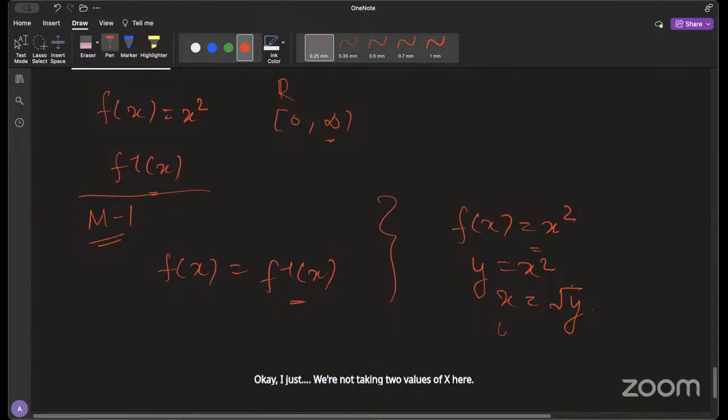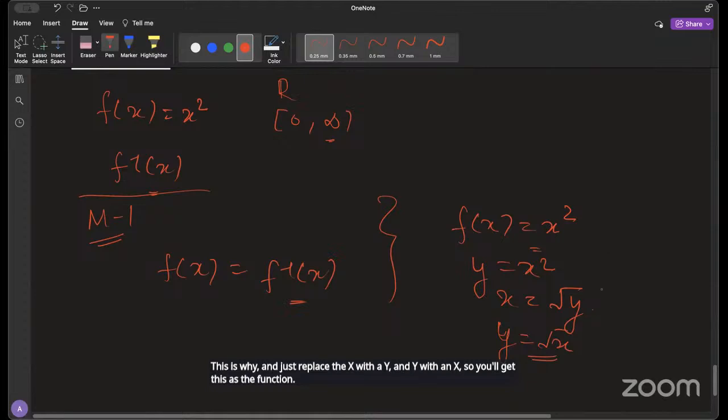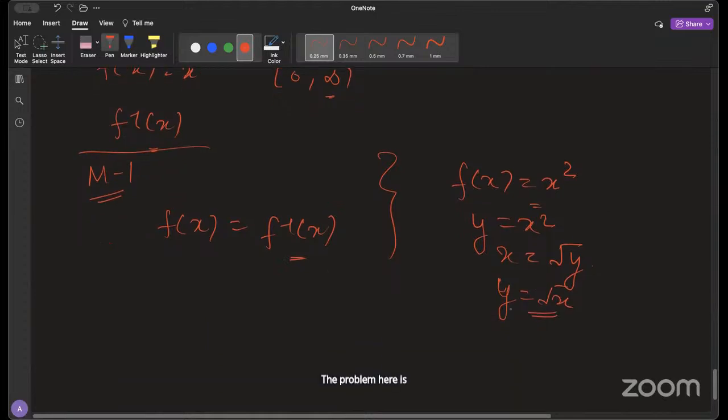We don't want to have two values; we'll come to why we're not putting a plus minus sign here later. Just replace the x with a y and y with an x, so you'll get this as the function. This is how you calculate the inverse. This is f inverse of x.